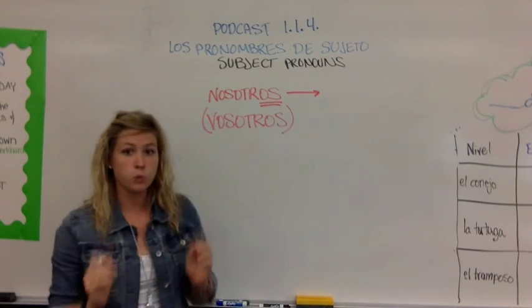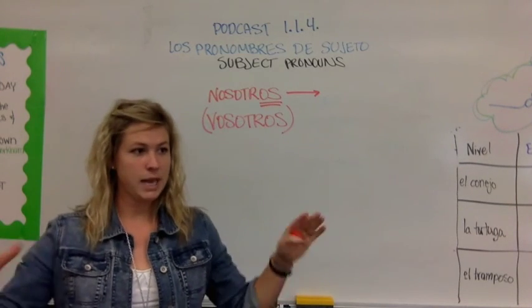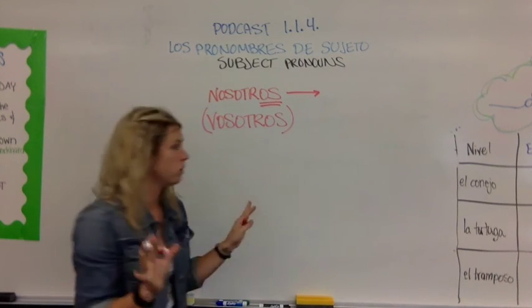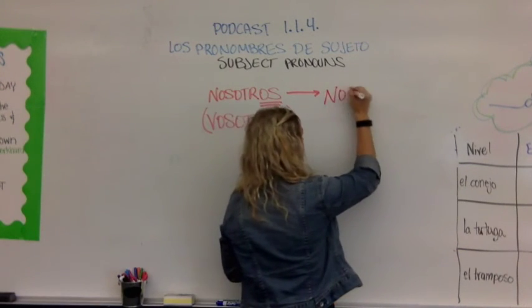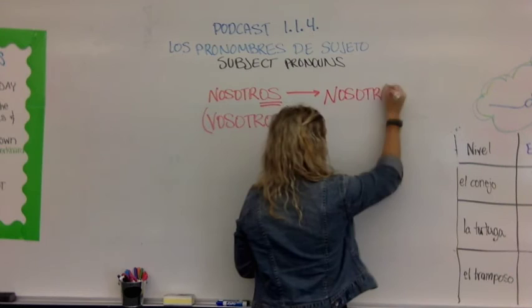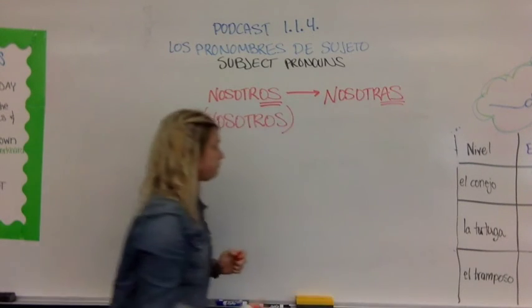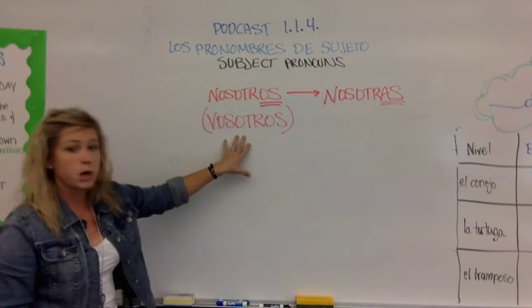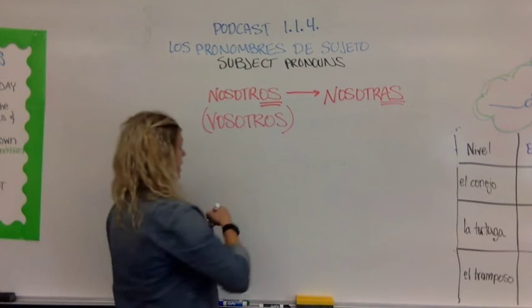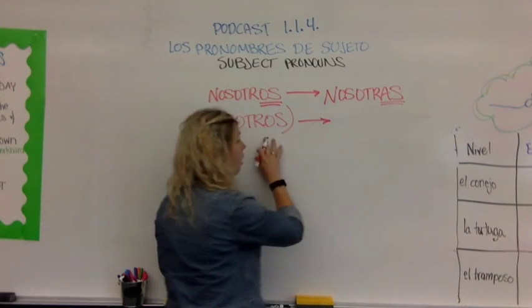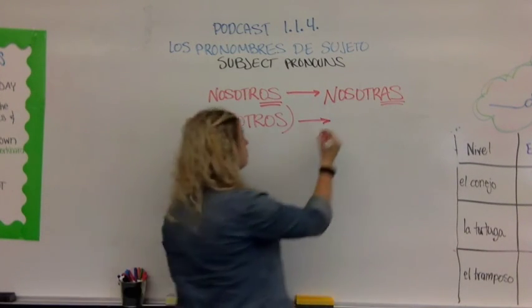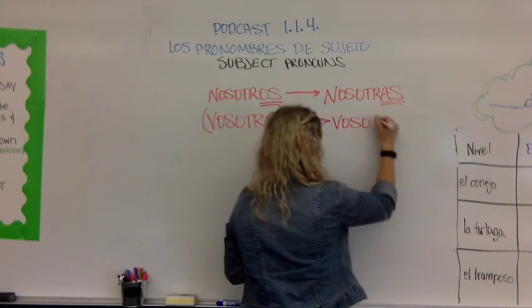But if you have a group of all women, if I'm saying my friends and we're all girls, I'm going to have to use the nosotras form, the feminine form. Vosotros, when you use it, will do the same thing. If I'm saying you all to a group of all girls, I will use vosotras.